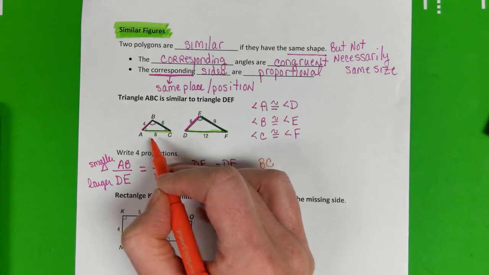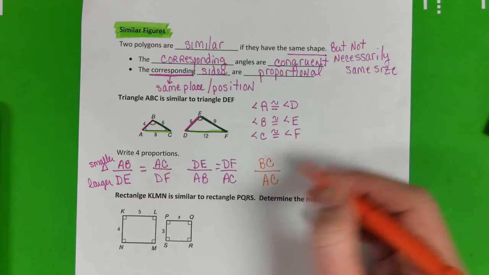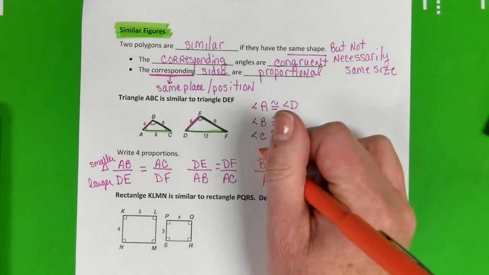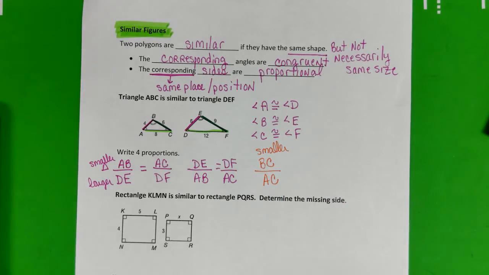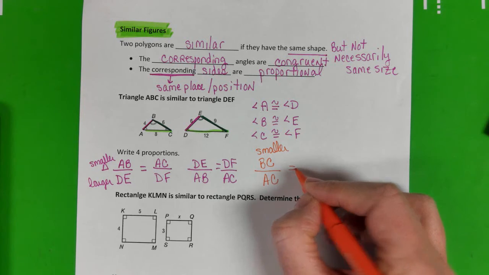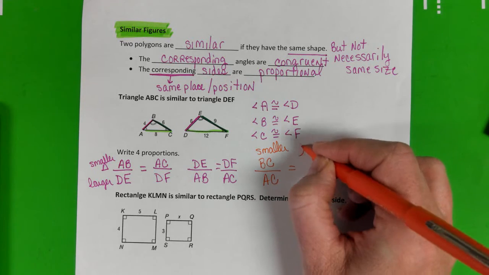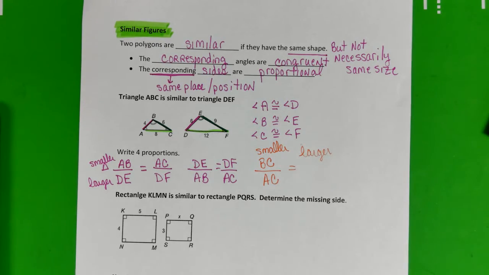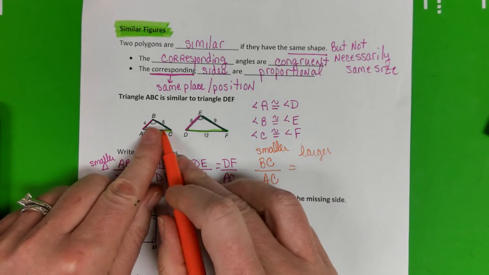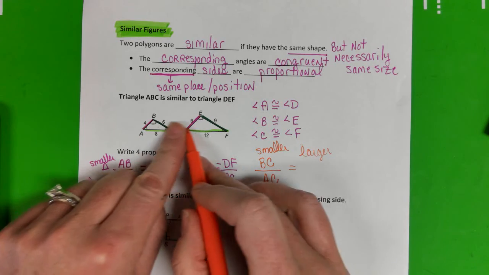over AC. Ooh, I'm switching it up on you. All of these are from the smaller triangle. Which means over here, they need to both be from the larger triangle, but I need to match them up with their corresponding sides. So what corresponds to BC? EF.